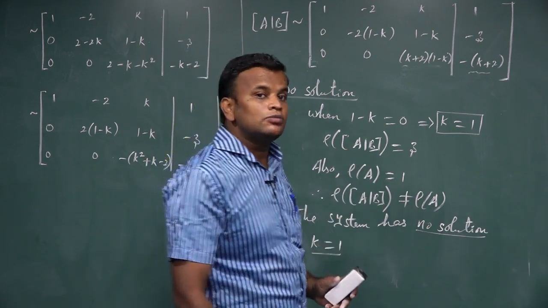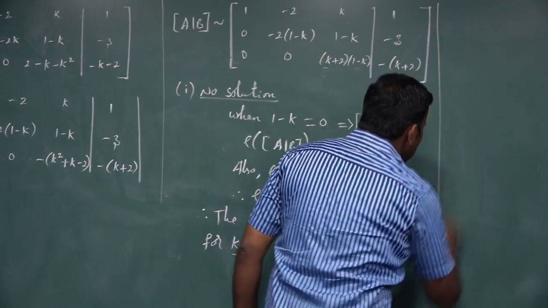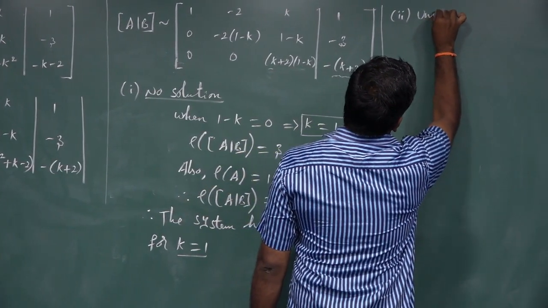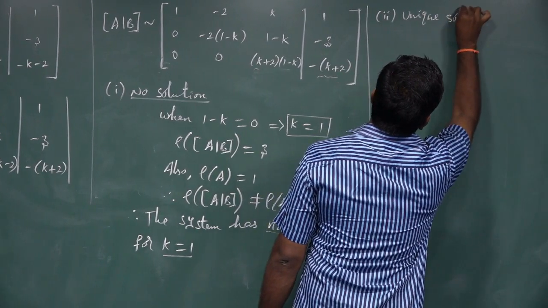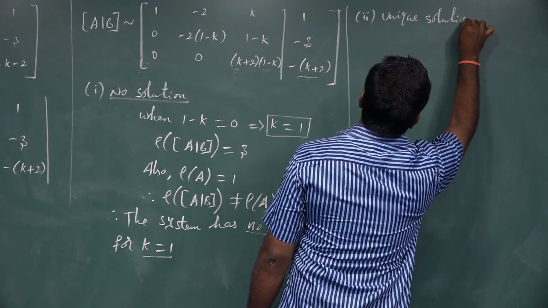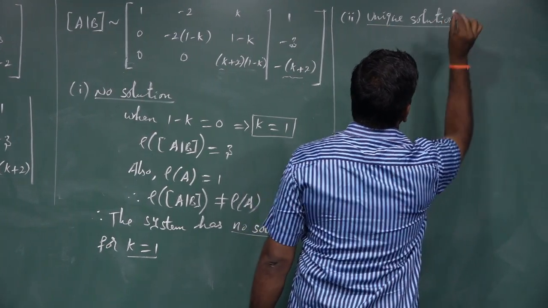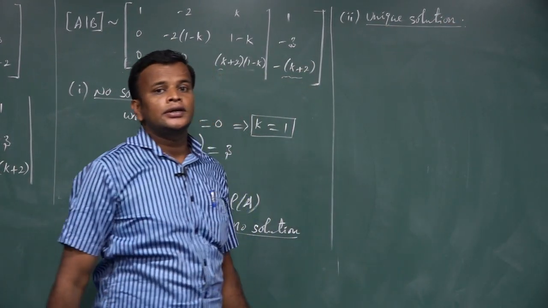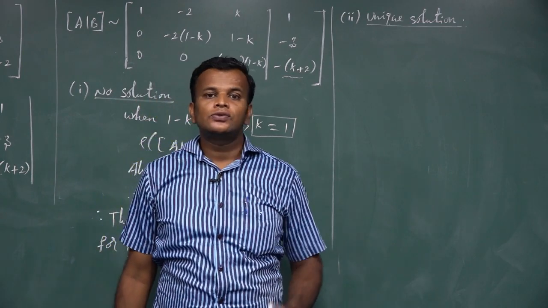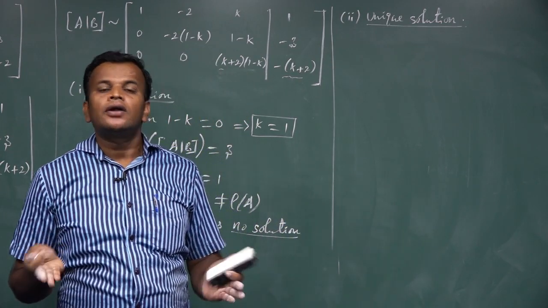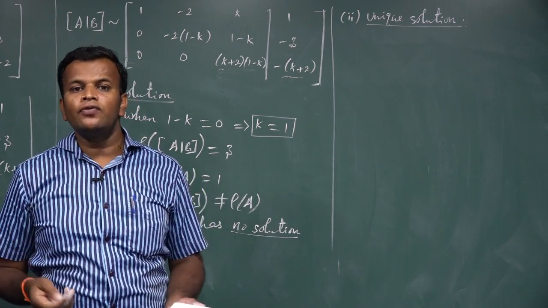What is the second subdivision? The second subdivision is a unique solution. In the rank method, when the system has a unique solution, both the ranks should be equal and also equal to the number of unknowns.